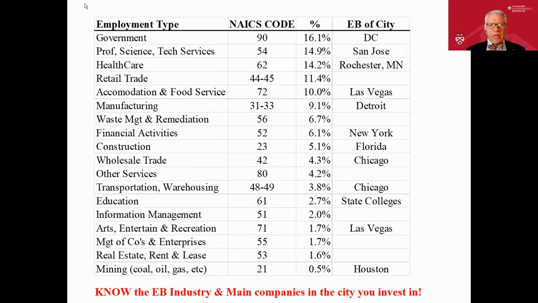The next one, professional science and tech services, which, by the way, wasn't even a category 30 years ago, is technology driven. And that's now almost 15% of our economy. San Jose or Silicon Valley is a good example of that. Austin, Texas would be another good example of that.